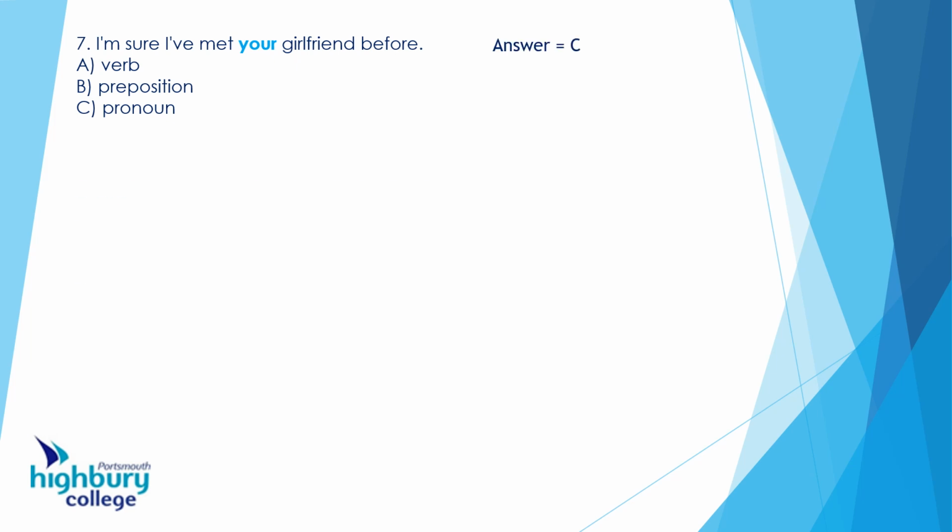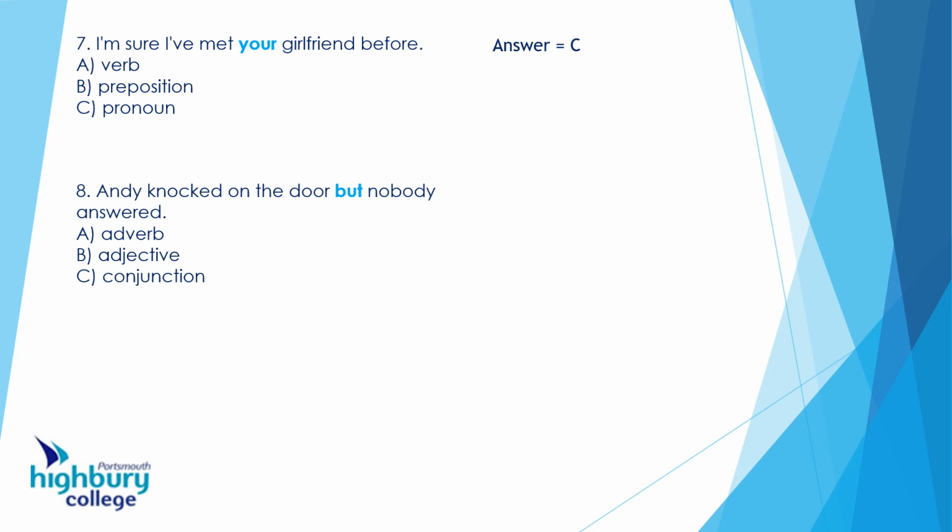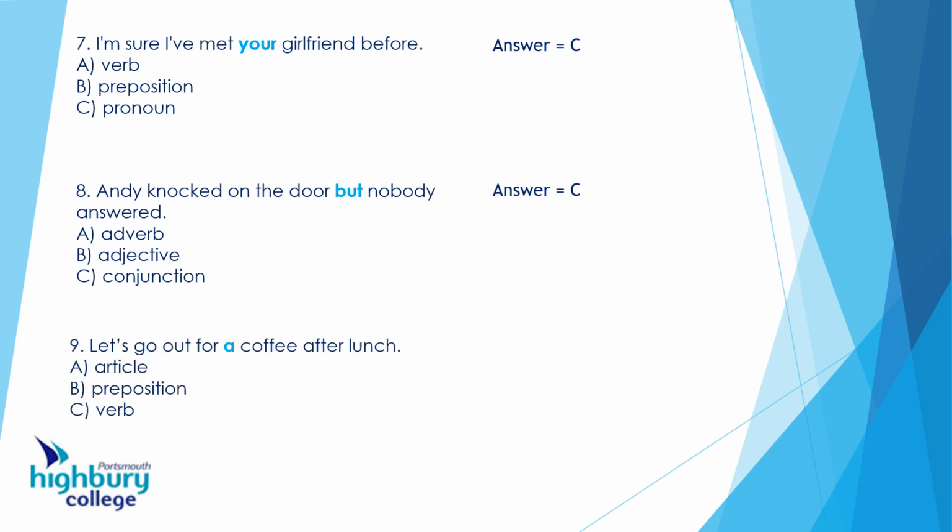Yep, that's C. Number 8. Andy knocked on the door, but nobody answered. Adverb, adjective, or conjunction? Okay, yep, but is a conjunction. And the last one, let's go out for a coffee after lunch. So, is the A, coffee, is it an article, a preposition, or a verb? There you go. The answer is A.